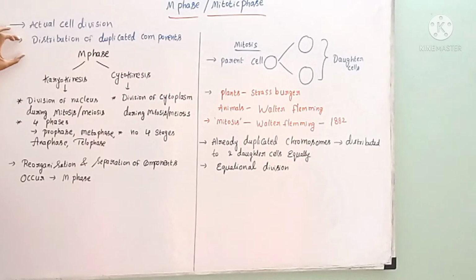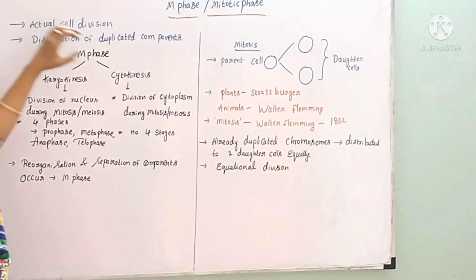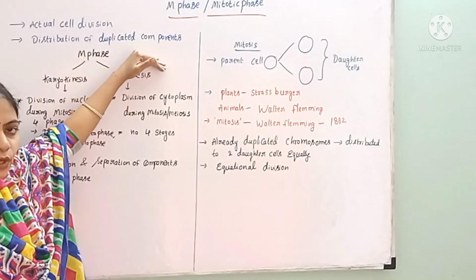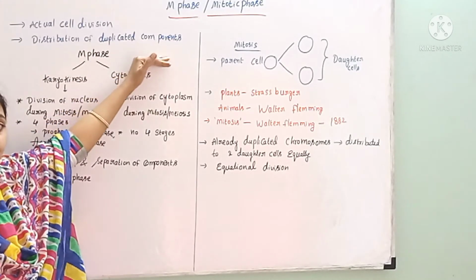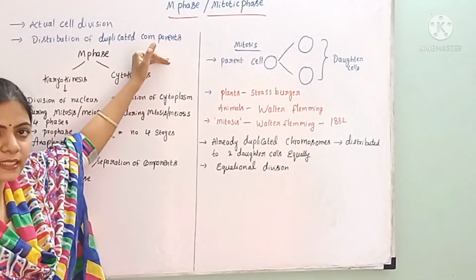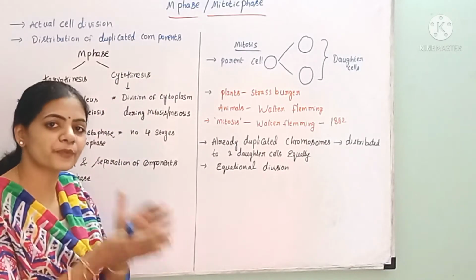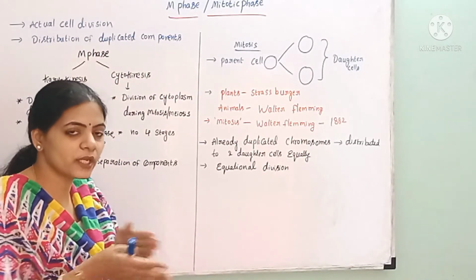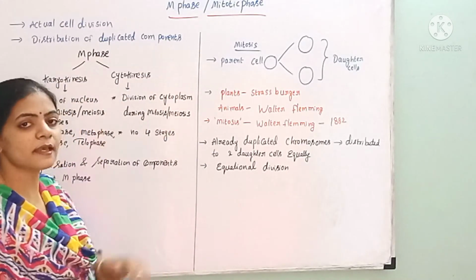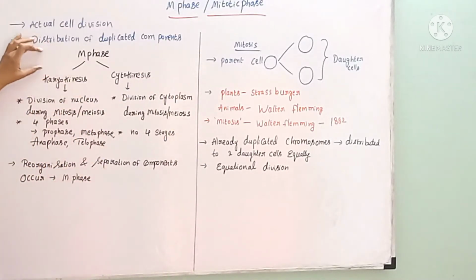And here, whatever components were duplicated in the interphase are distributed equally to the daughter cells in this M phase. This M phase is divided into two steps.